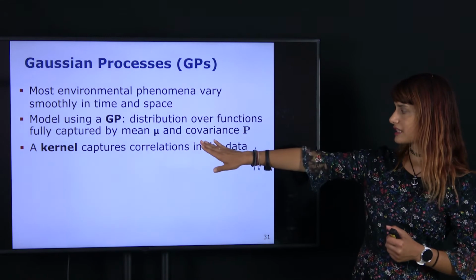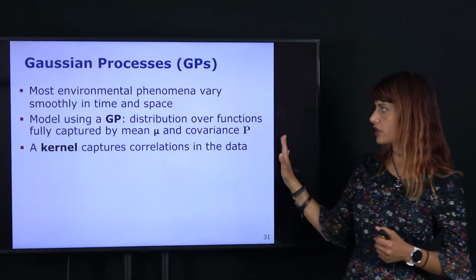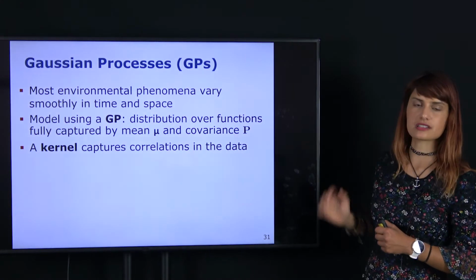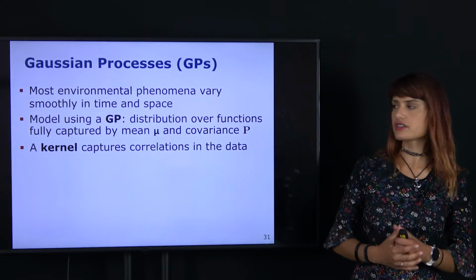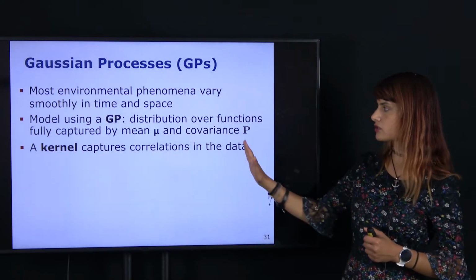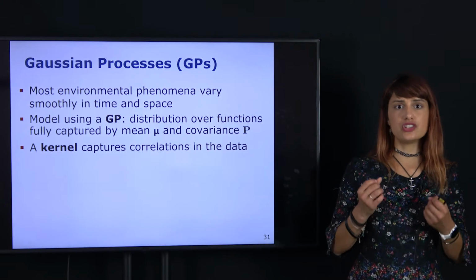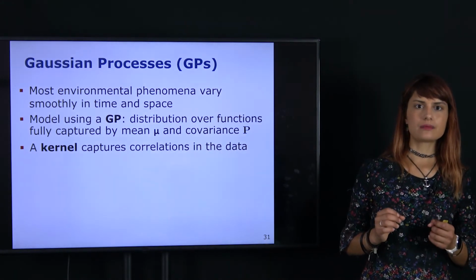A GP is fully captured by a mean and a covariance, so everything within the GP is assumed to be Gaussian. It's a Gaussian distribution over functions that are given by a mean and covariance matrix. The key ingredient of the GP is a kernel function.